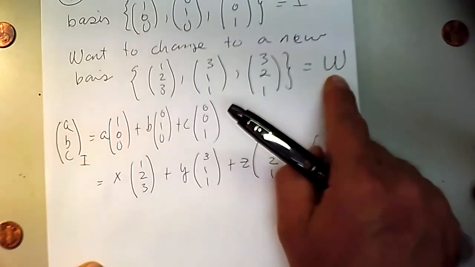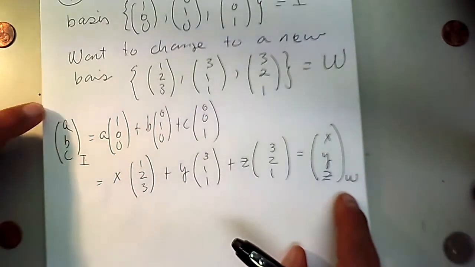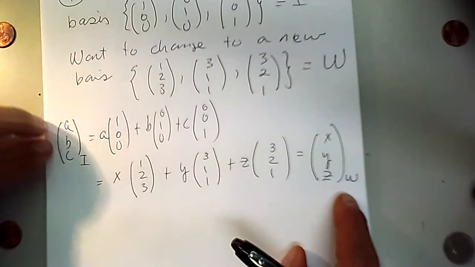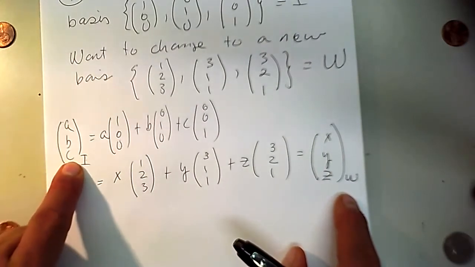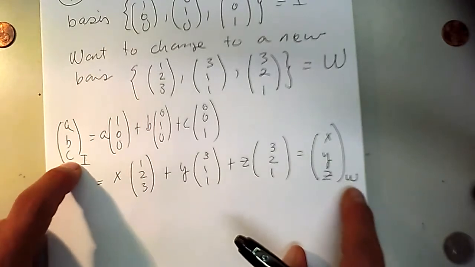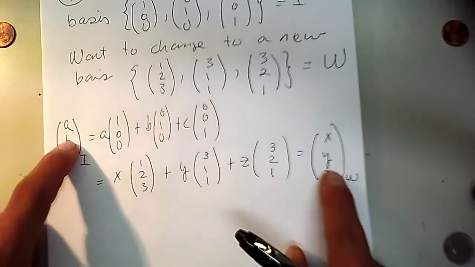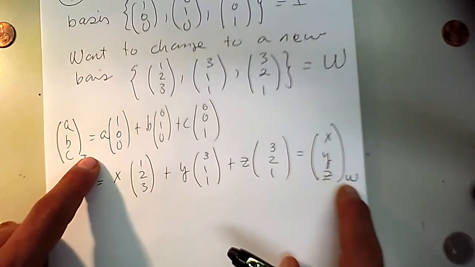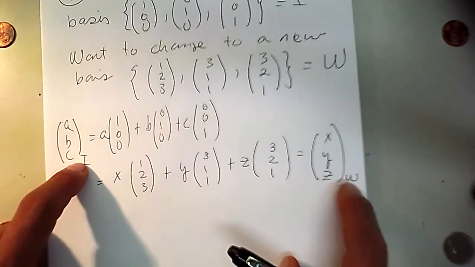using the basis W. See, when you say a set of coordinates, we take into account a basis. And the coordinates change depending on the basis.